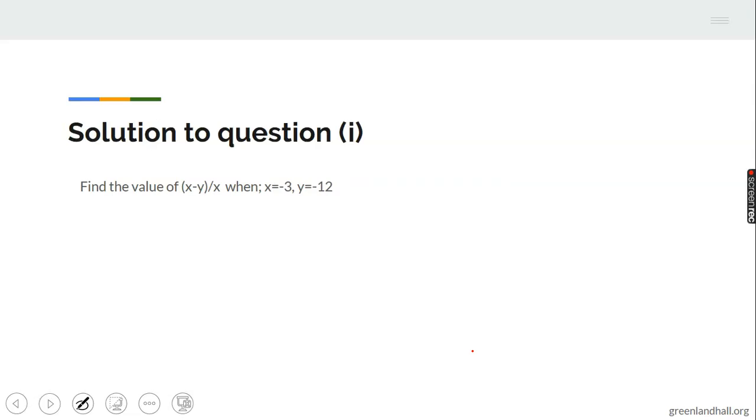Solution to question 1. This is the algebraic expression that we have. This is a combination of both subtraction and division. So x minus y over x. What is the value of your x? We have x to be minus 3 and y to be minus 12. Just put the values that we have there.